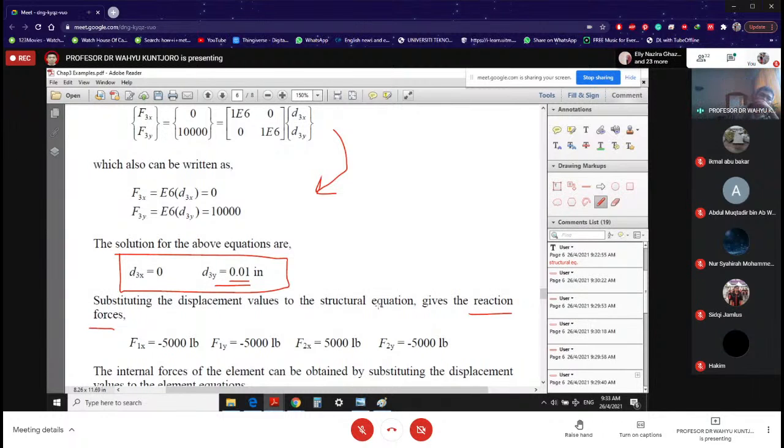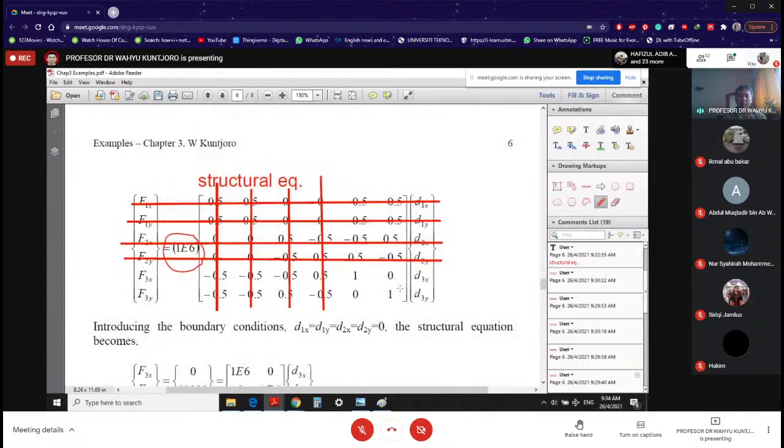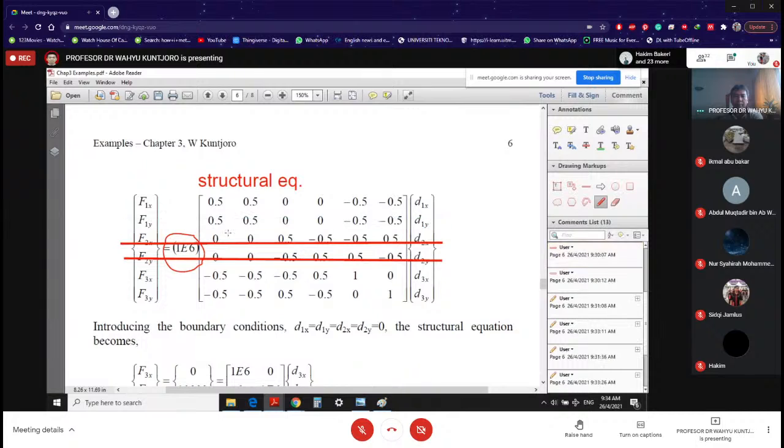So our job now is to find the structural reaction forces. It is very simple now. You have d3x and d3y. What you need to do simply is come back here and look at this equation. This is our structural equation, which deals with external forces. Now you have all displacements known.